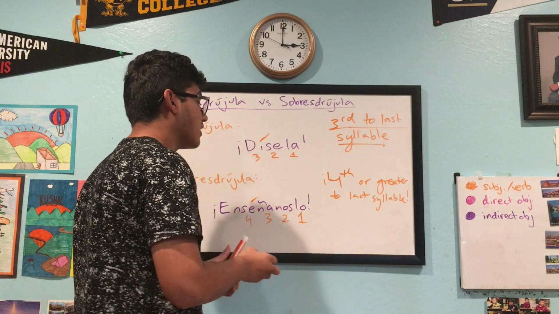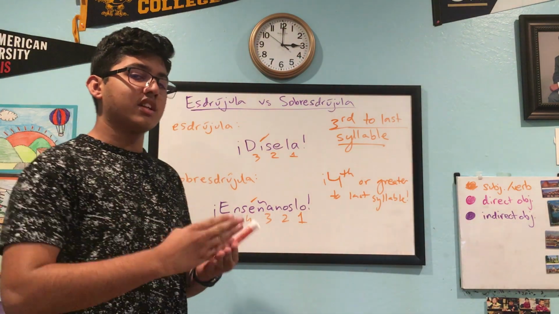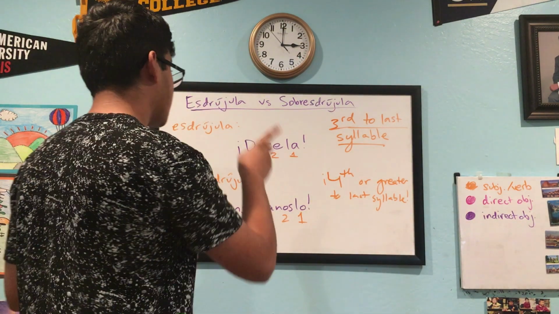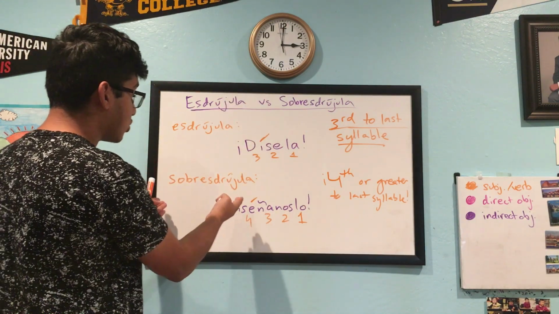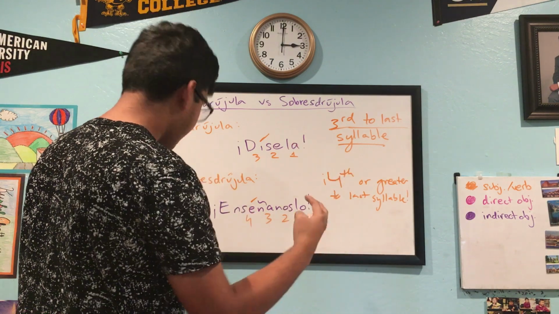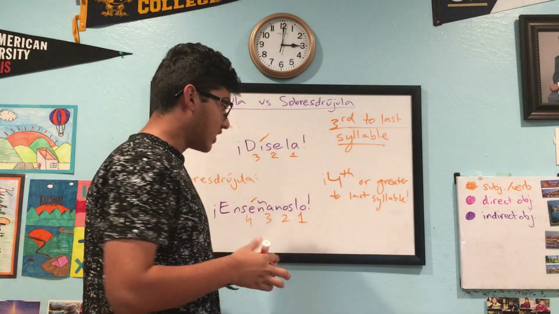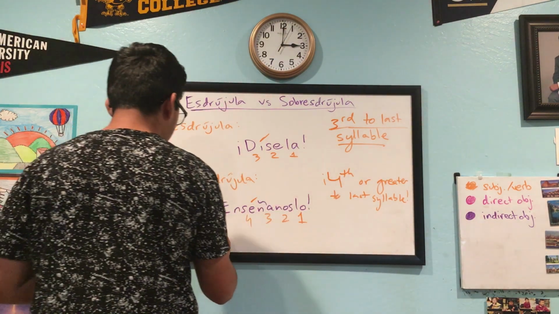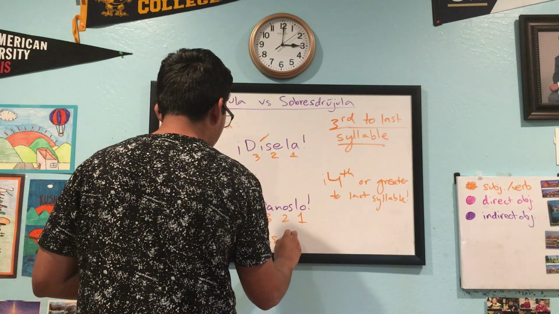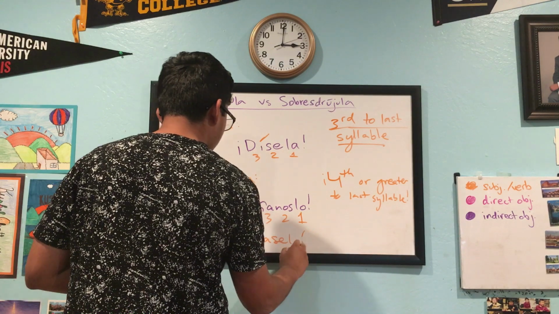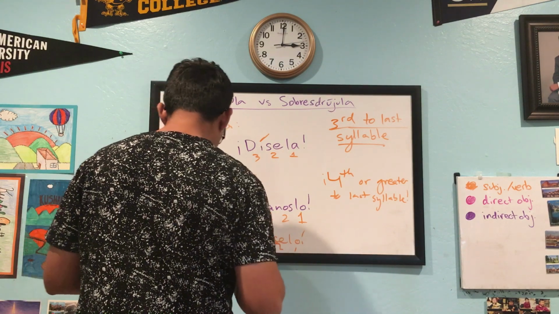To be honest, there isn't any real clear-cut way to memorize which ones are esdrújula and which ones are sobresdrújula. But usually the sobresdrújula are on longer verbs, longer commands, such as enséñanoslo or explícaselo. As you can see, 1, 2, 3, 4.